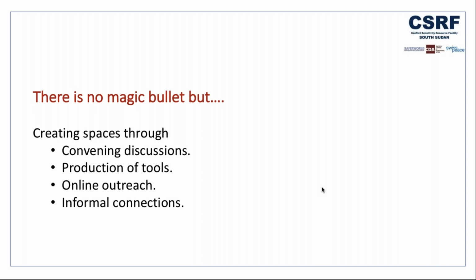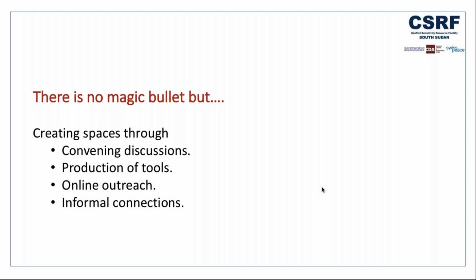For CSRF, in a fragile and dynamic context such as South Sudan, approaching conflict sensitivity holistically, strategically, and from a country perspective, top down, if you can call it that, especially with more than one donor on board, has meant that we're able to address conflict sensitivity considerations and challenges much more effectively, rather than if we were to approach conflict sensitivity through an individual project or individual program, or even if we were to choose a particular geographical location.